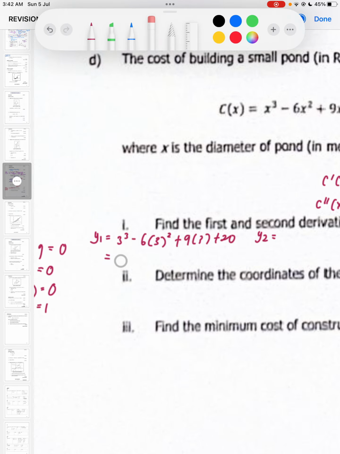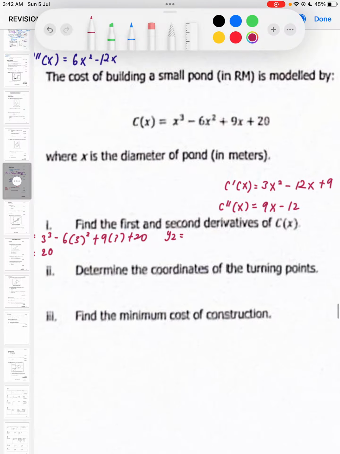Oh sorry, this is not 24. Wait, I got it wrong. 20, I think. Plus 9, plus 20. 20. Apa yang 24 ni? Tak apa. And then we have 1 cubed minus 6 times 1 squared plus 9 times 1 plus 20.